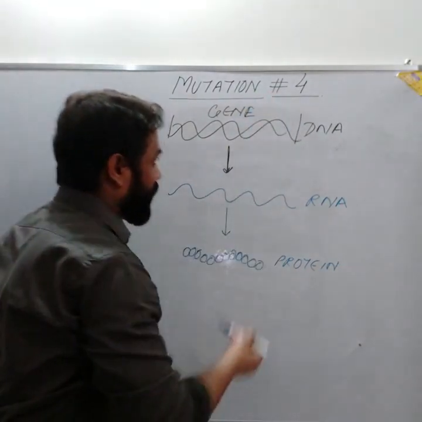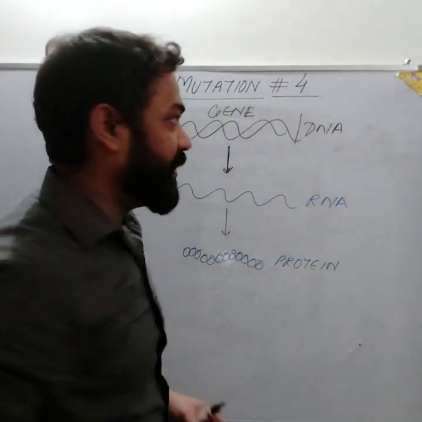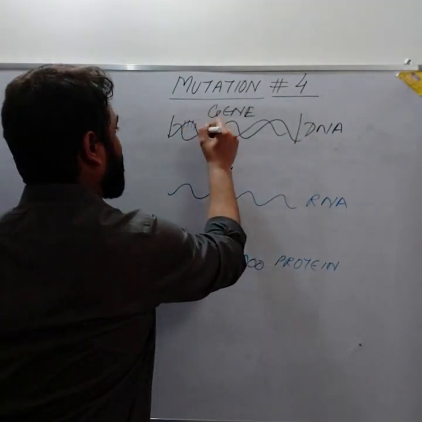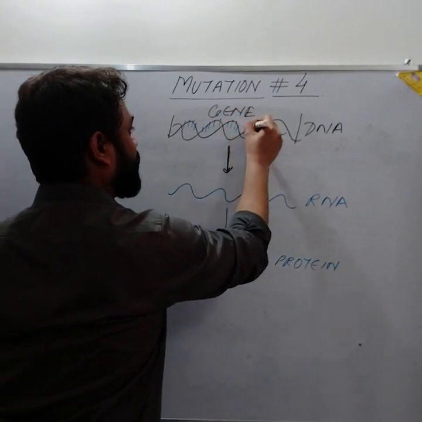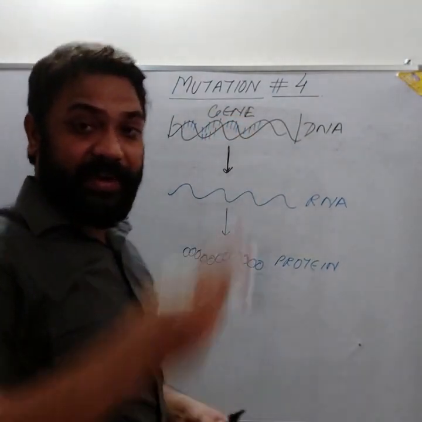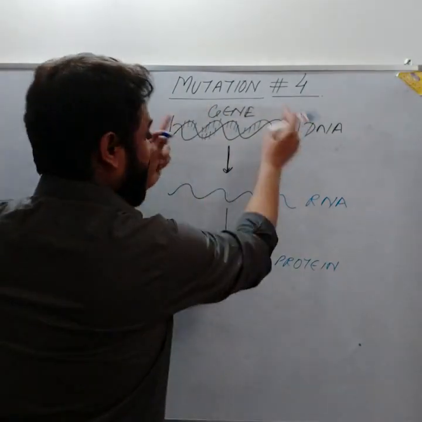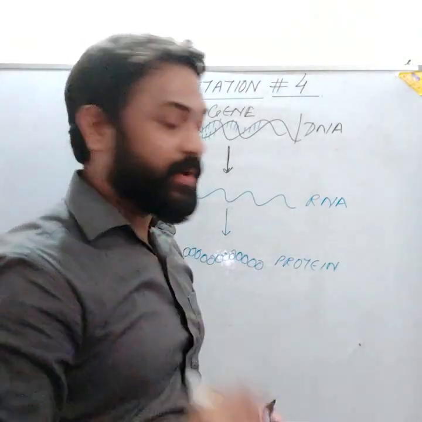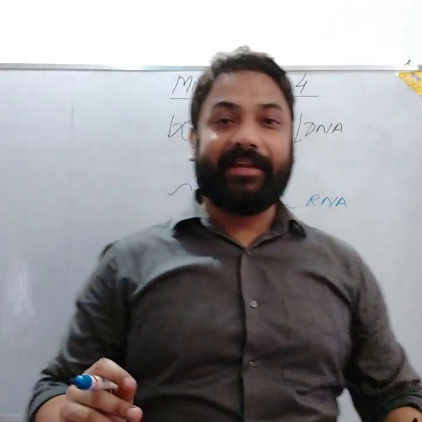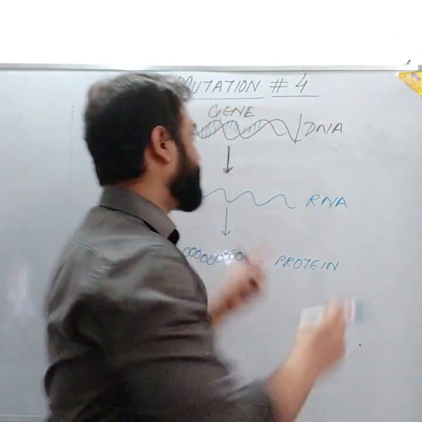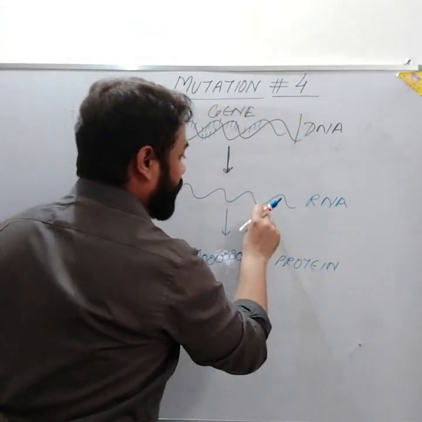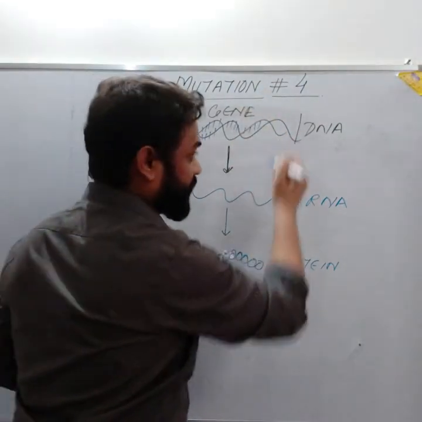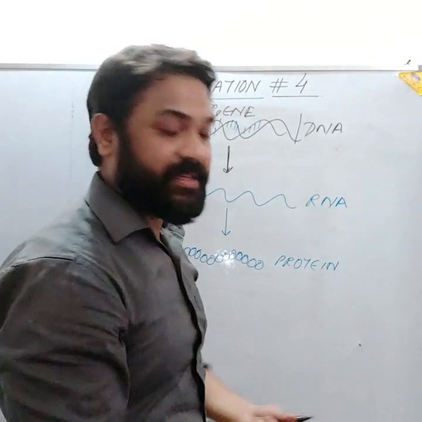On what basis can we define a gene here? It is a sequence of DNA. Sequence means we are talking about a sequence of nucleotides or base pairs. So I have a particular sequence here that codes for RNA. Just remember one thing: a gene can be defined as a sequence of DNA that codes for RNA.